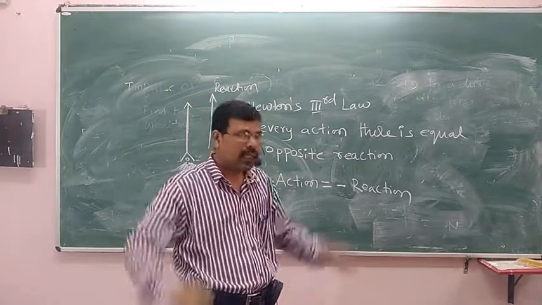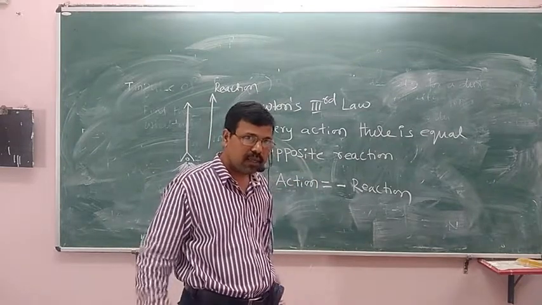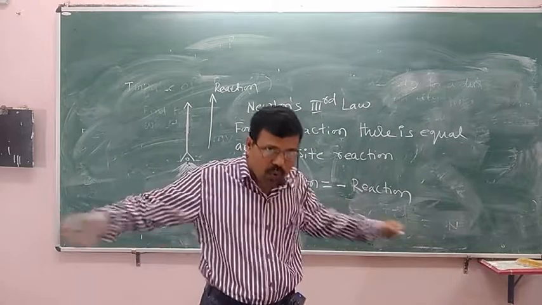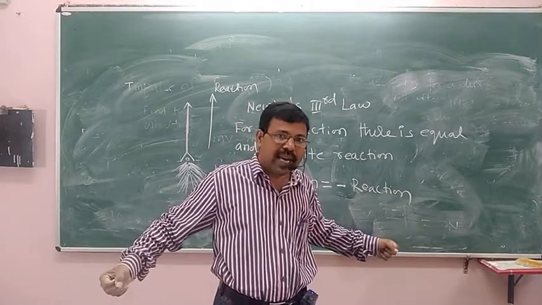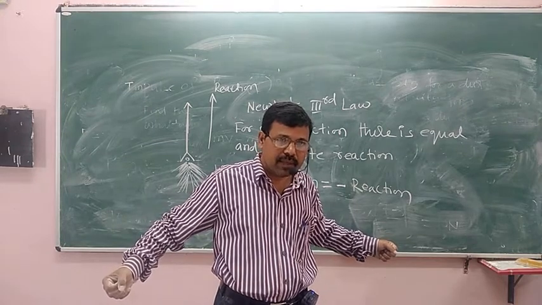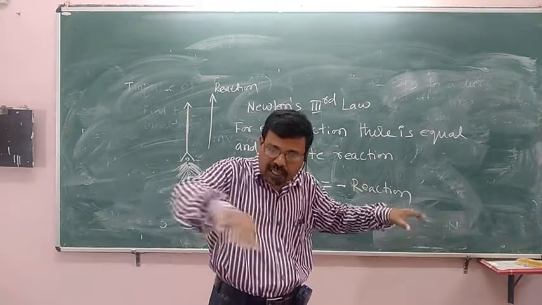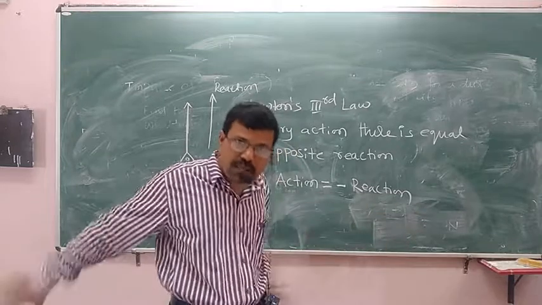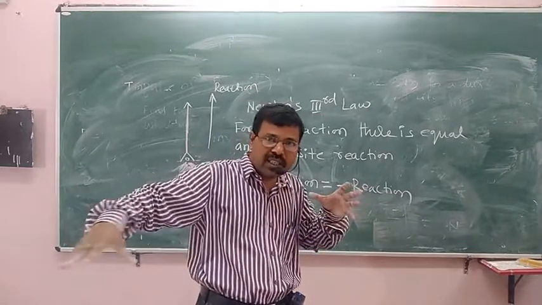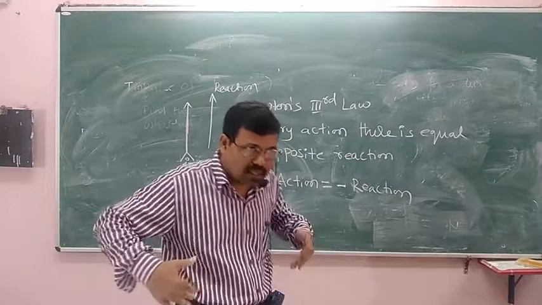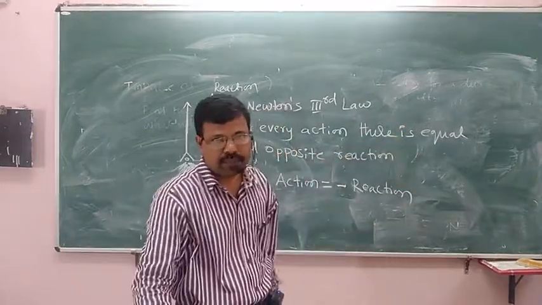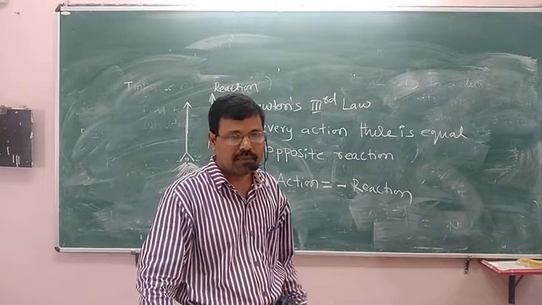In case of a rowing boat, what is the action and reaction? The action is pushing the water backward by the oar. What is the reaction? The boat moving forward is the reaction.